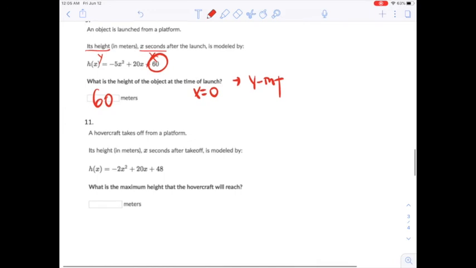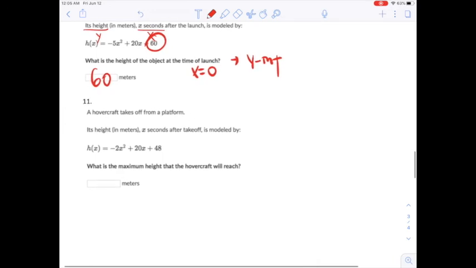And 11. Same thing. So the height is my output, and the time, that is my input. And what is the maximum height that the hovercraft will reach? So we're just looking for the maximum height. So let's get the vertex.